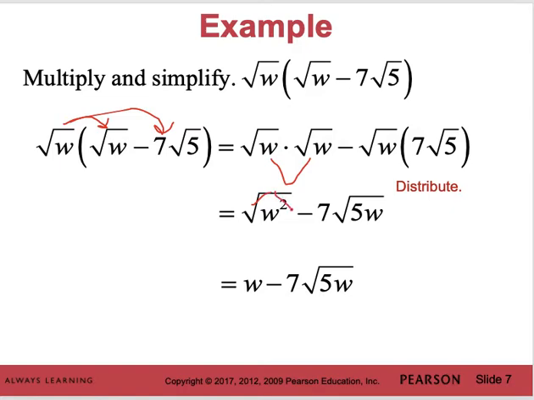Square root and squaring are opposites, so we're left with w. And then our subtraction sign stays the same. And under our radicals, we would multiply this 5 and the w would be combined, 5w. And we can't simplify that any further.